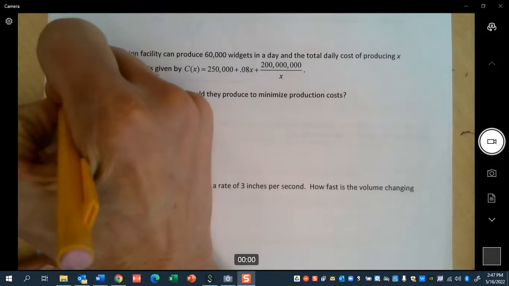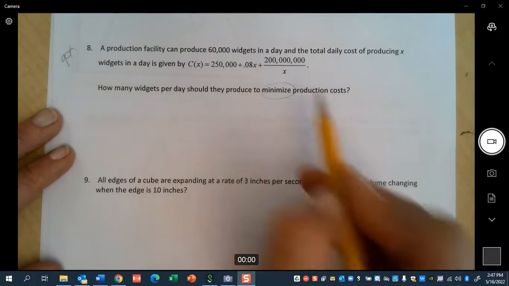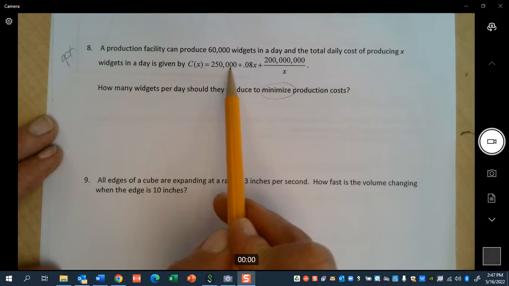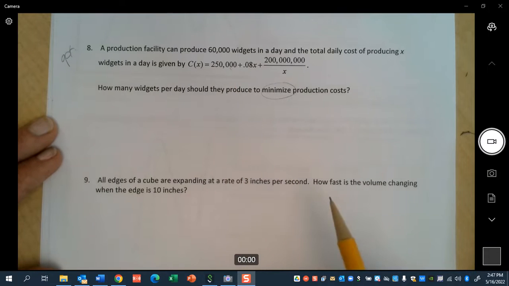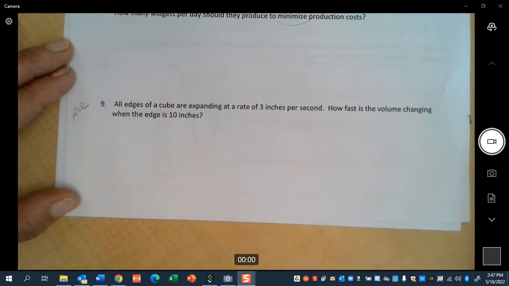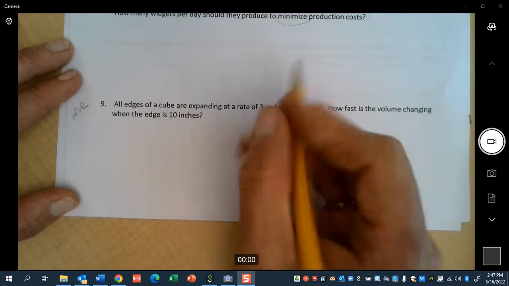Here's an optimization problem. I want to minimize my costs. Take the derivative of this, set it equal to 0. Here's a related rates problem. All edges of a cube are expanding. How fast is the volume?